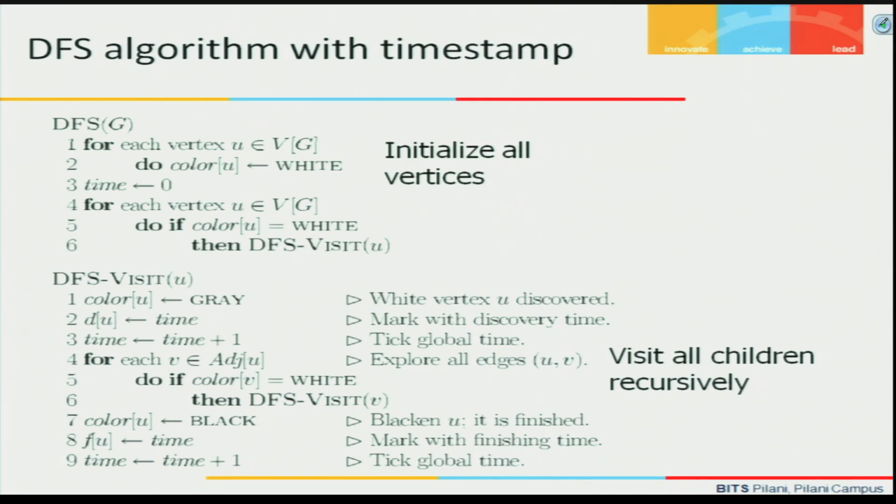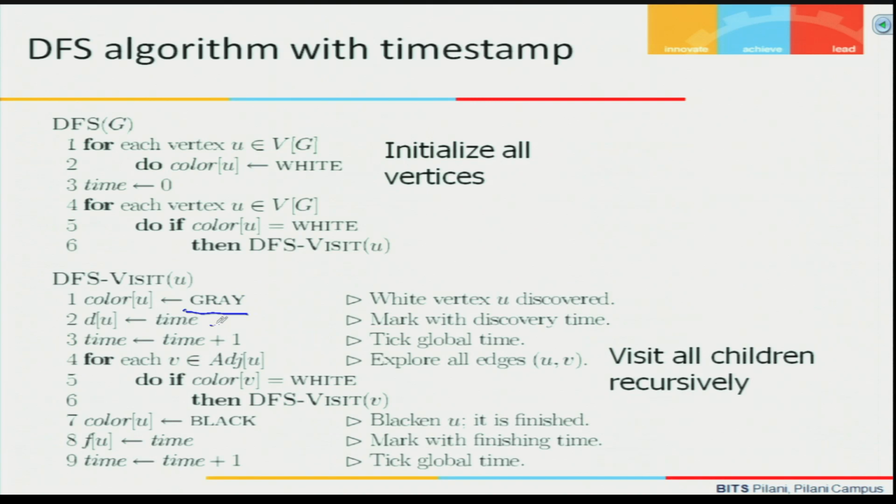So, as you first reach a vertex, we color it gray, which means the vertex has been discovered. We mark the discovery time, that is, the time at which we have reached this particular vertex.